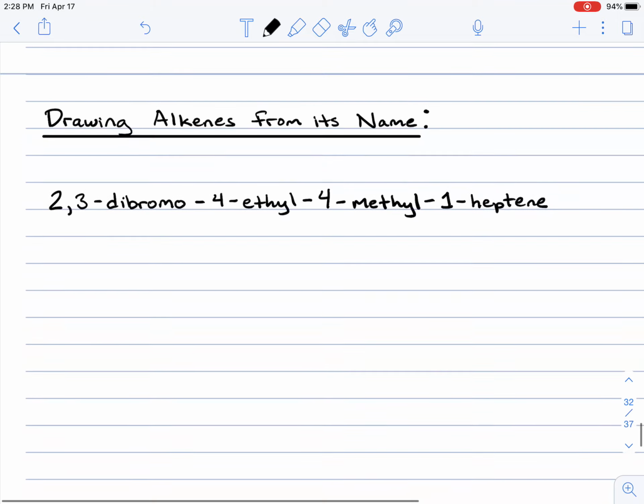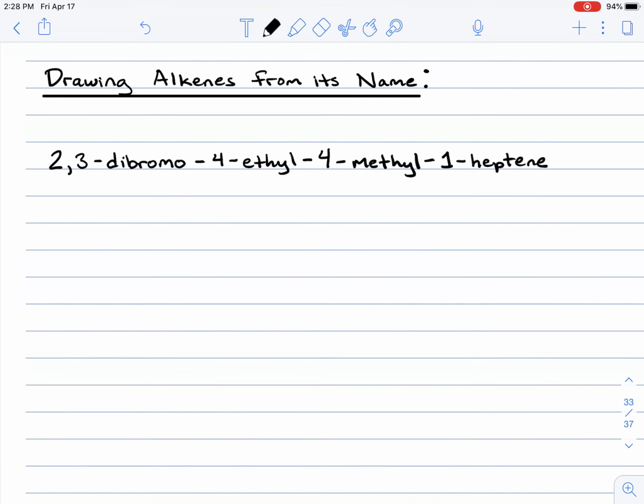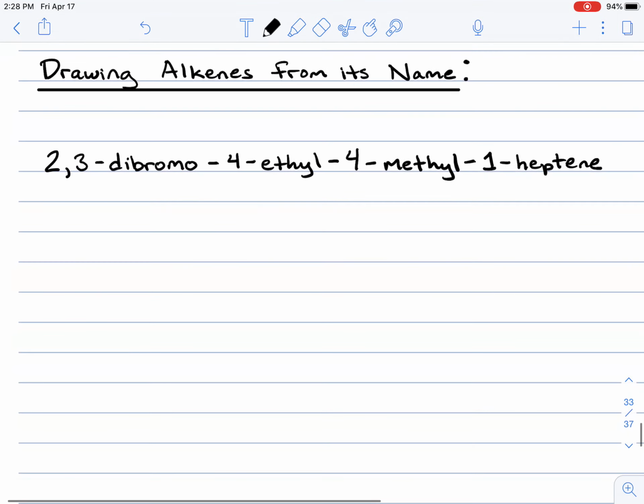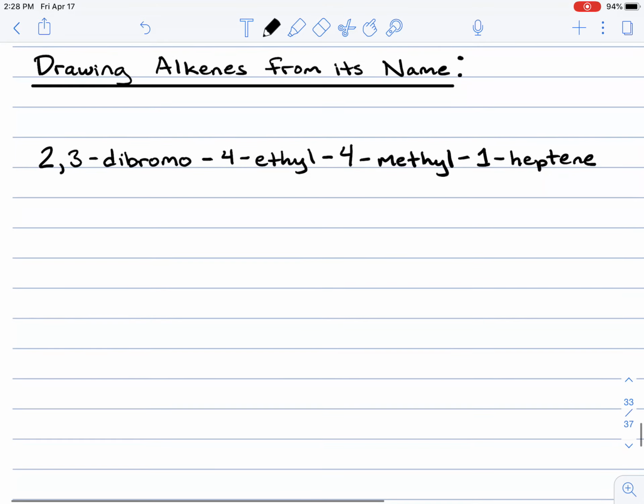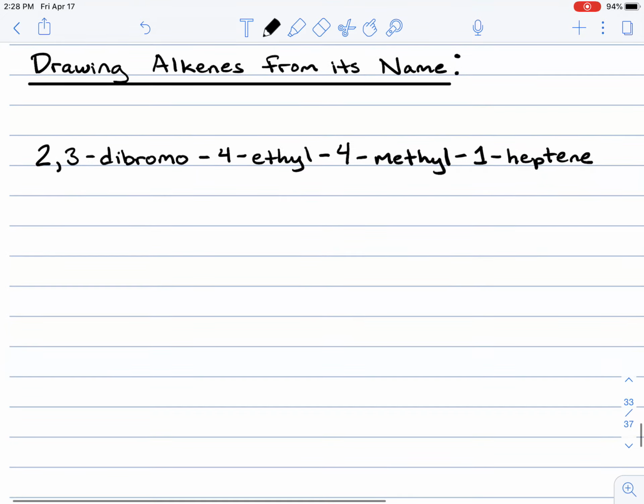The first thing that we're going to do is get some practice on how to draw alkenes given its IUPAC nomenclature. Here, this is already a specific name of an organic compound. All we have to do is break it down into parts so that we can draw it out using the skeletal structure.